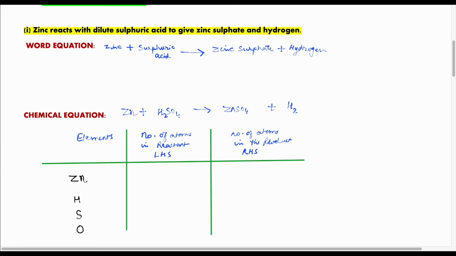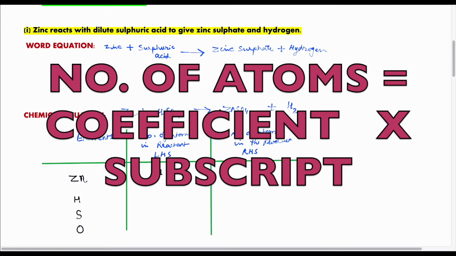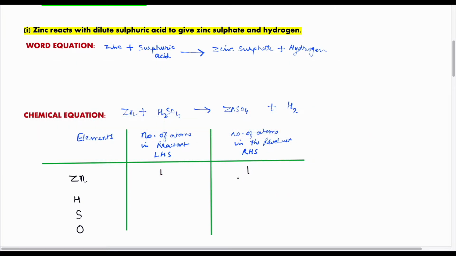Here the number of atoms of zinc is 1, because here 1 is the coefficient and the subscript is also 1. So 1 times 1 is 1. Similarly, on the product side, we have 1 atom of zinc because the coefficient is 1 and the subscript is also 1. From the previous video, you know that the number of atoms is found by multiplying the coefficient and subscript. So here also you have 1 zinc atom.